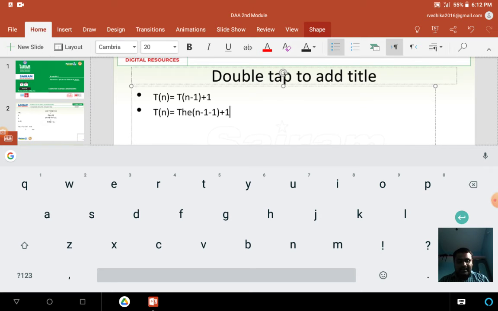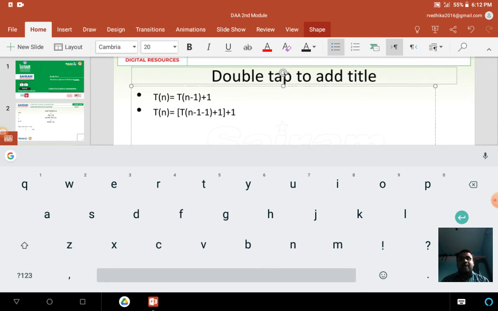Plus 1, so this will be T of n minus 1 minus 1, and apart from that I have to add 1.